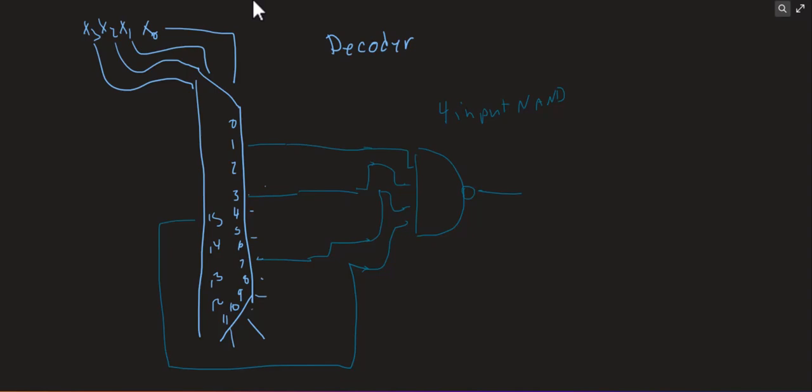You said we had an 8-bit decoder, so can't we just use x0, 1, and 2 and ignore x3? You ignore it because if it's 7, and we know that it's 0, 1, 1, 1 or 1, 1, 1, 1, then the last bit does not matter. X3 does not matter.